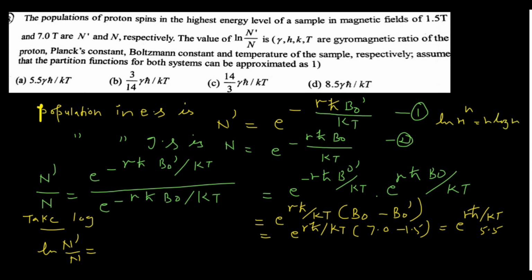That means the power will come here. So this 5.5, which is in the power here, because B0 is in the power of this e, will come here. We will write 5.5 and the rest, gamma H cross divided by kT, is the constant. So my answer is, again you can see, option A. So this is how you can solve the problem.